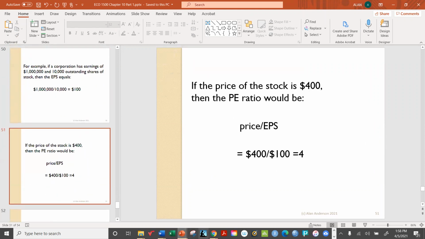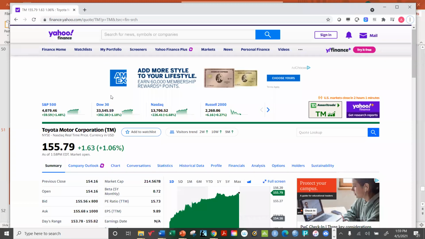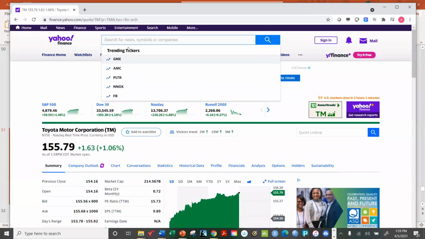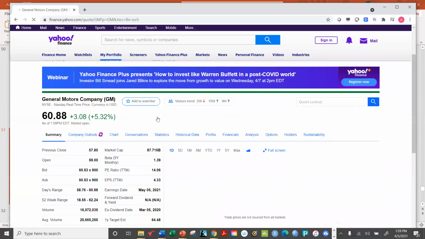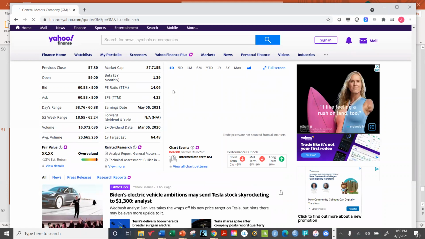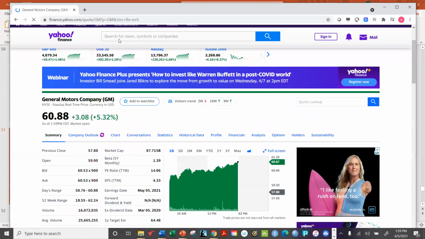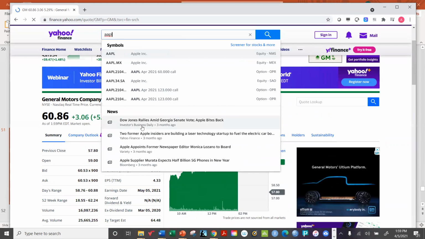In fact, we could go back to finance.yahoo.com for a second and take a look at some PE ratios. For example, let's try General Motors. And we'll see the price earnings ratio is about 14, okay? Now Apple's is going to be very, very high. That's why I didn't want to look at it first.